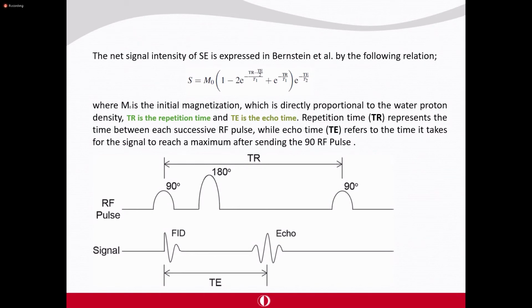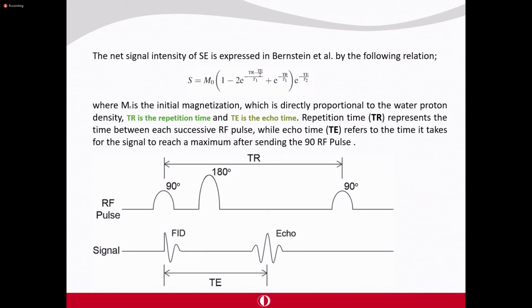After a 90 pulse, we can apply another 90 pulse, and the time difference is TR. The time between the 90-degree pulse and the time you obtain the echo is also known as the echo time.